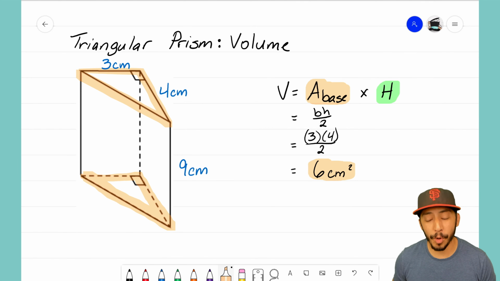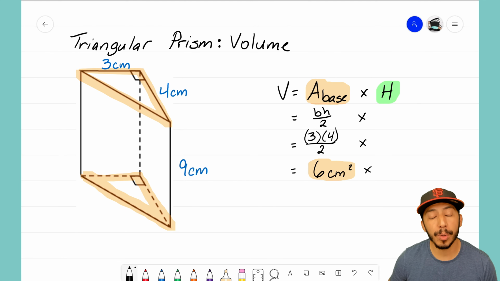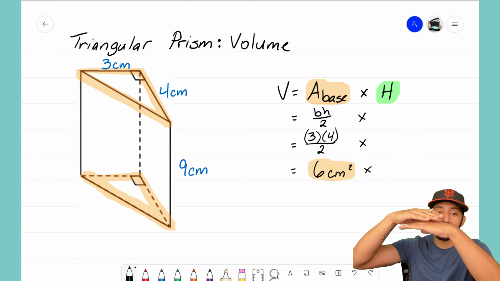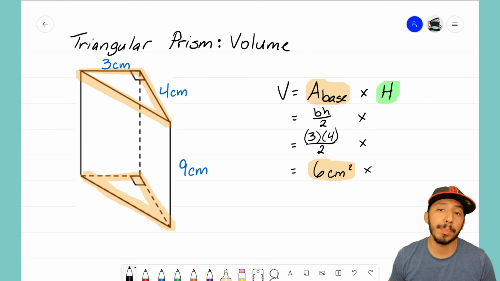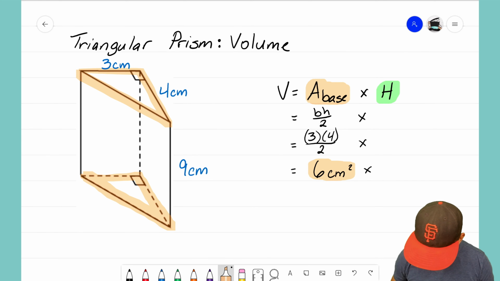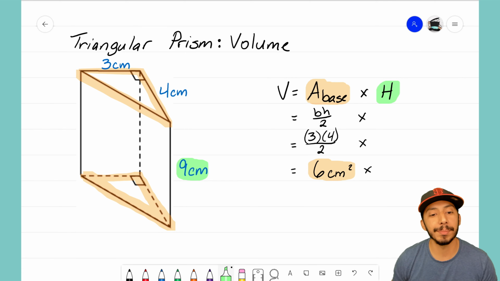Now, according to our formula there, I just have to take that area and multiply it by the height of my triangular prism. Really, it's asking how many of those triangles are going to be stacked on top of each other. What is that distance? And that distance we can see on the vertical side of our prism.